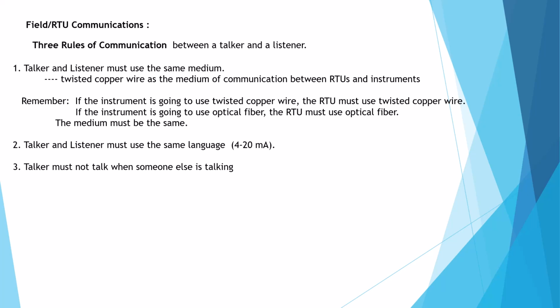Also, if you, for example, use 0 to 5 volts, you have to configure that in the RTU. Also, the talker must not talk when someone else is talking. Just one talks at a time, and it's always separate. It doesn't matter. Okay.